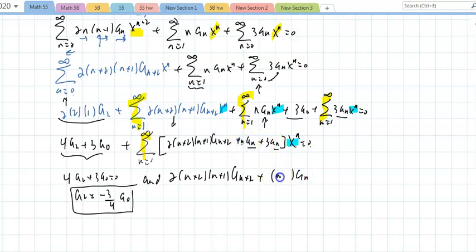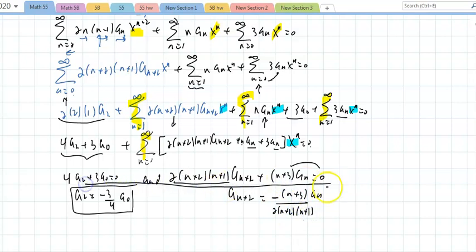Wouldn't that make it n plus 3 equals 0? That means a sub n plus 2, move this to the right, and divide by this mess. That is twice n plus 2 into n plus 1. And that will be my recursive formula right there.